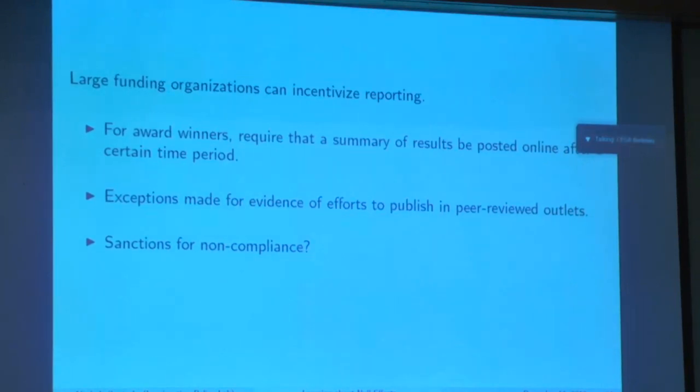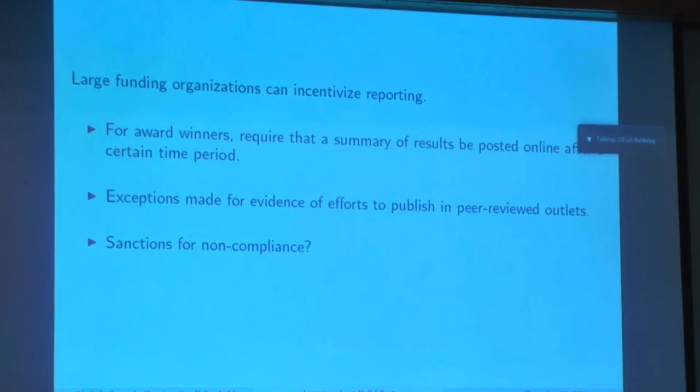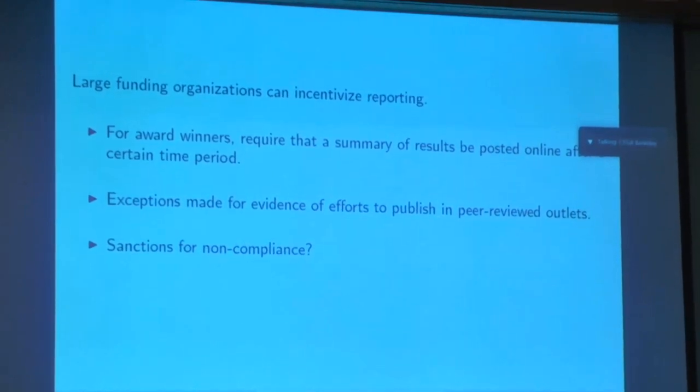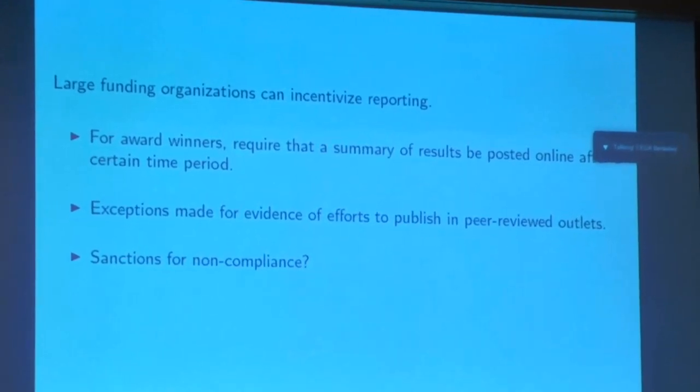However, we also think that funding organizations have an important role to play as well. And so perhaps here these organizations could require that award winners at some point will post a summary of results online after a predefined time period, regardless of what the outcome of the study actually is. Of course, there would probably be exceptions made for evidence of efforts to publish or continuing efforts to publish in peer-reviewed outlets, because you don't want to make it harder to do that.